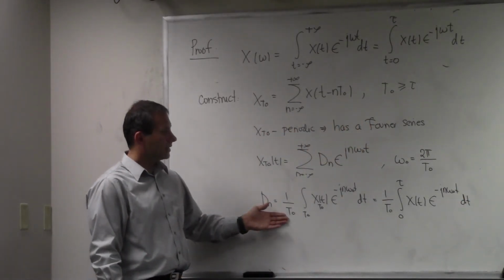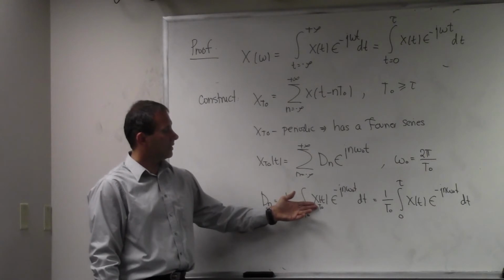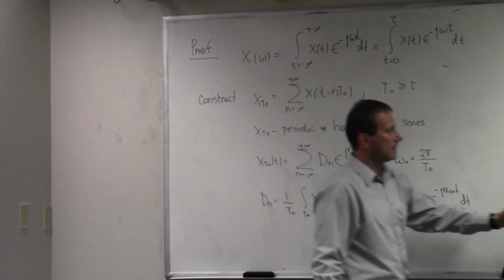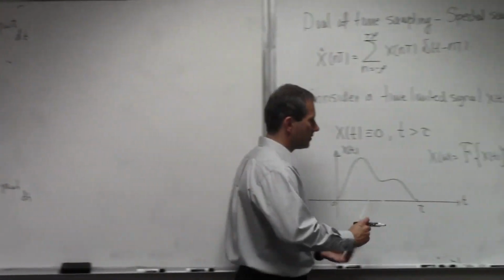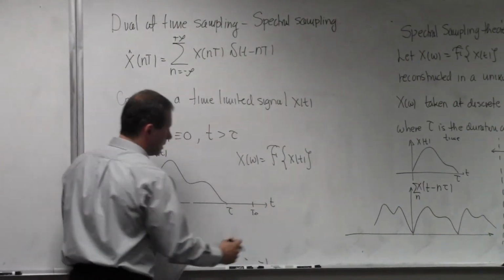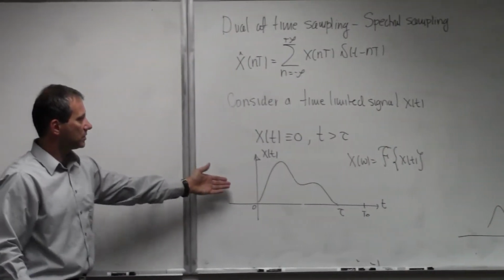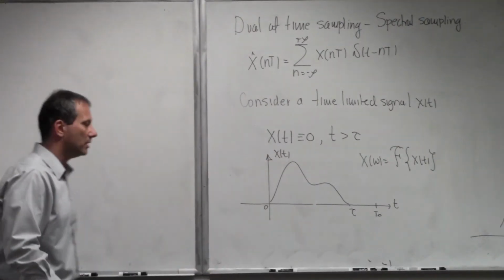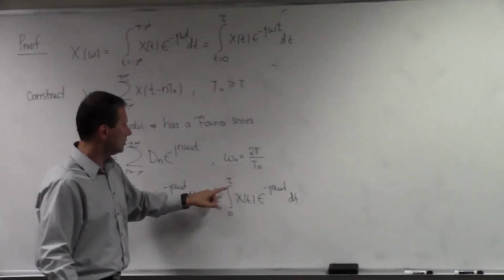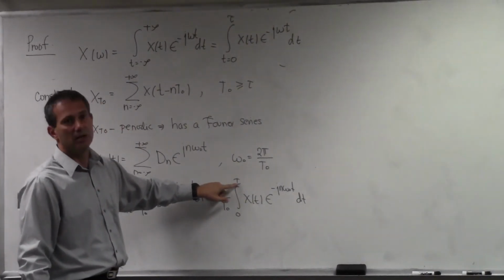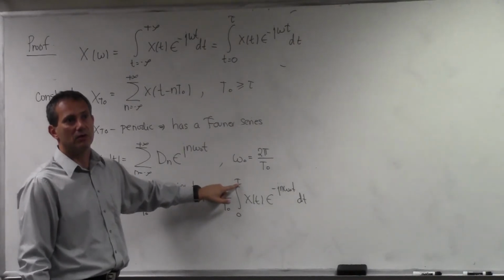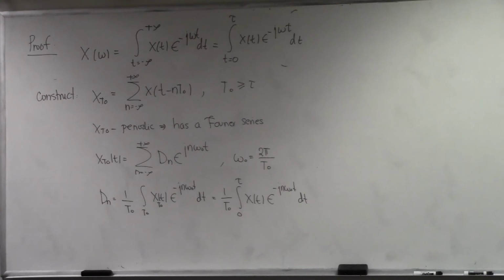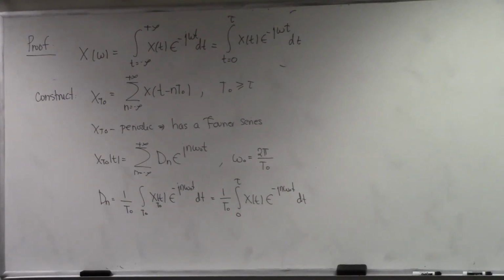In principle, I can integrate this extended periodic waveform over any period. If I choose to select the period from 0 to whatever is the T0 that I set up, then this periodic function is essentially identical to x of t over this particular period. And there is no need to integrate beyond tau because my function x of t is 0 after tau. So these two are equivalent here.